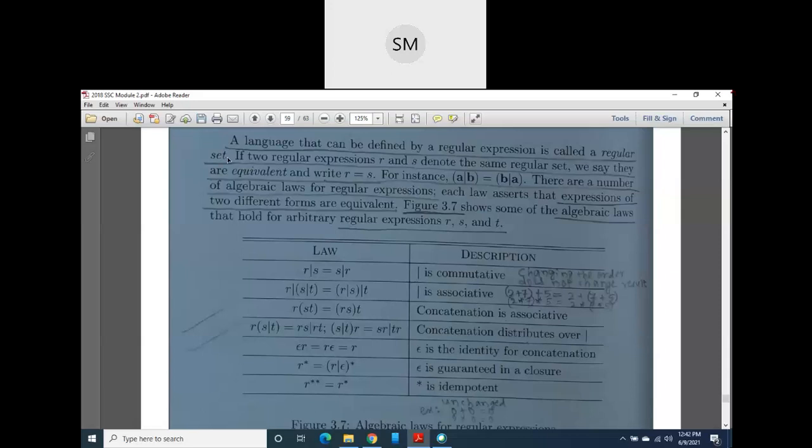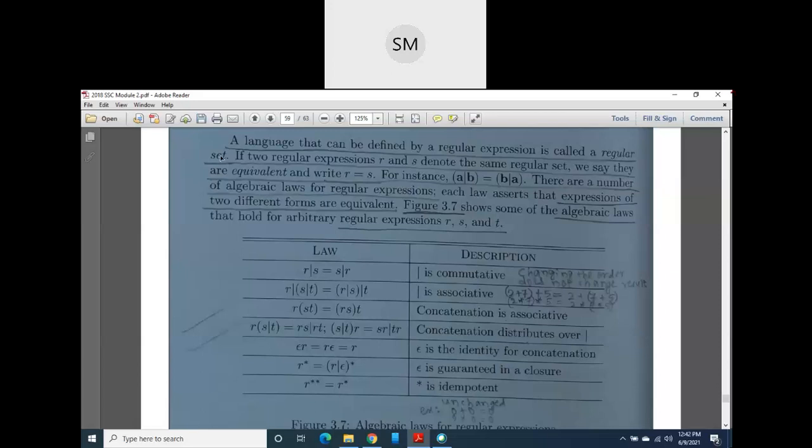So the language described by these regular expressions, technically, we can call a regular set. So a regular set is not a new thing, it is a language only, okay?